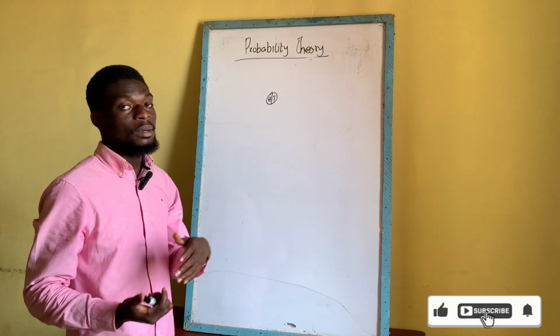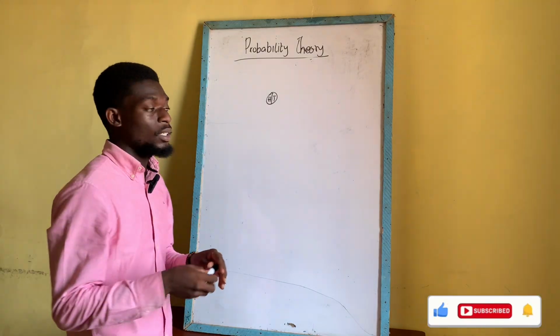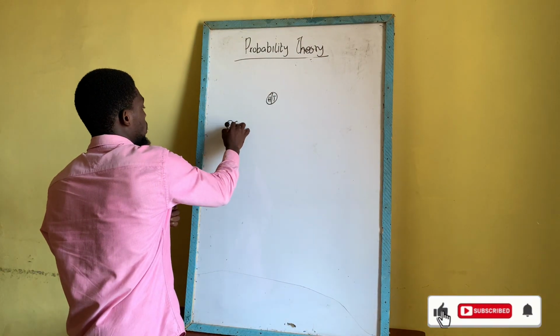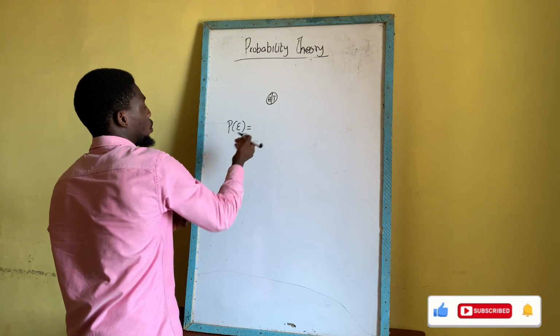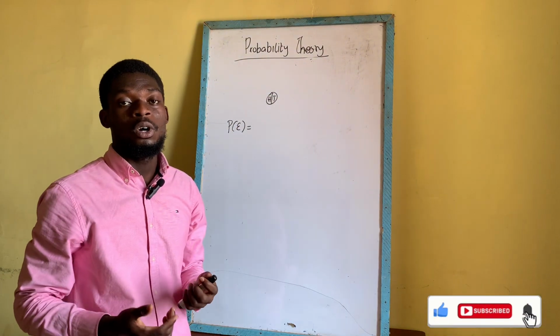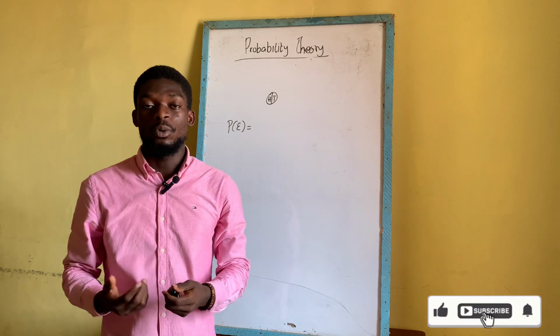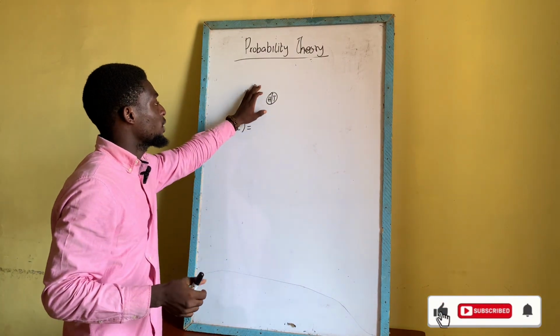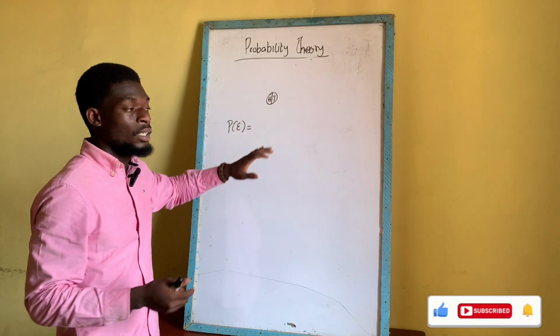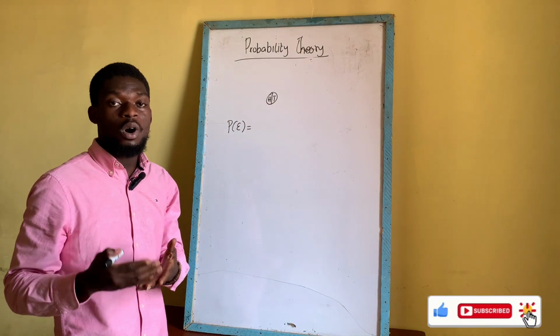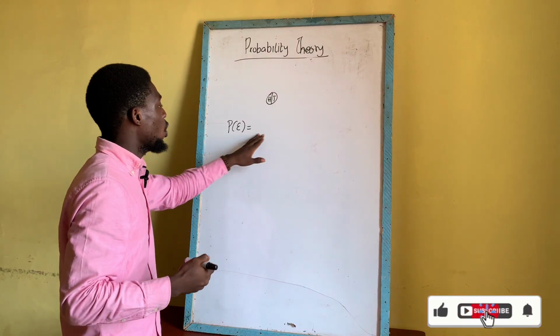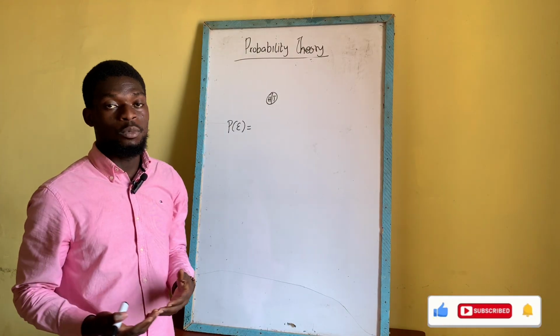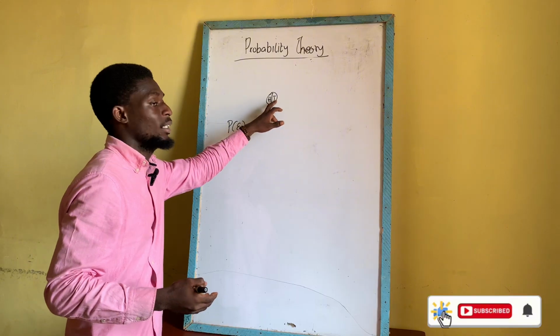With this, we can establish a formula for probability: the probability of an event occurring equals the number of favorable outcomes all over the total number of possible outcomes. Now, if you take the coin and I'm interested in getting a head, it becomes the number of favorable outcomes that I want all over the total possible outcomes, which is a head and a tail.